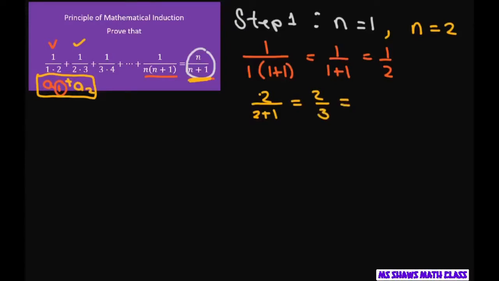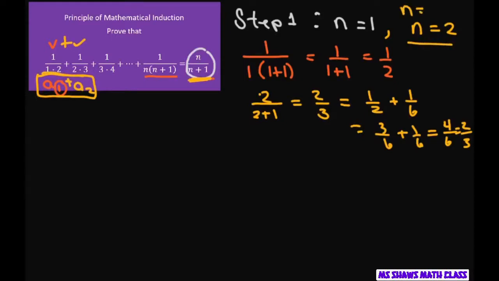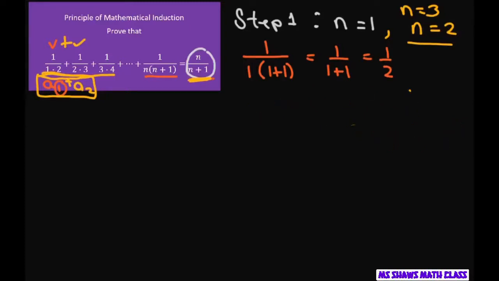That should equal these two terms added together, 1/2 plus 1/6. Well, 1/2 is 3/6, plus 1/6 equals 4/6, which equals 2/3. So that is true. For n equals 3, it should equal the sum of the first three terms, and so forth. But you don't have to do all that.